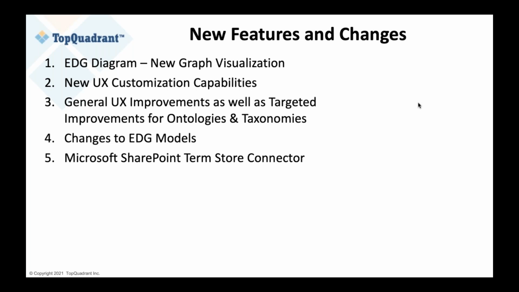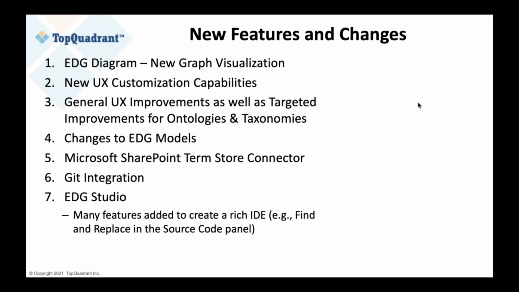7.1 includes a number of new integrations. There is a brand new connector to the Microsoft SharePoint term store, and there's also integration with Git that is brand new. With this release, we have a new tool called TopBraid EDG Studio that users of EDG can use to add features to EDG, do configurations and customizations. In that sense, it's a replacement of TopBraid Composer for the users of TopBraid EDG.